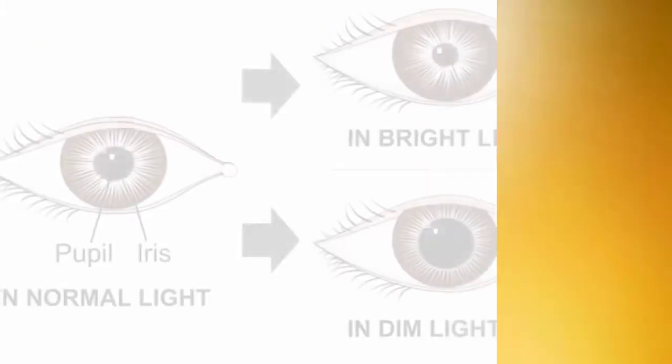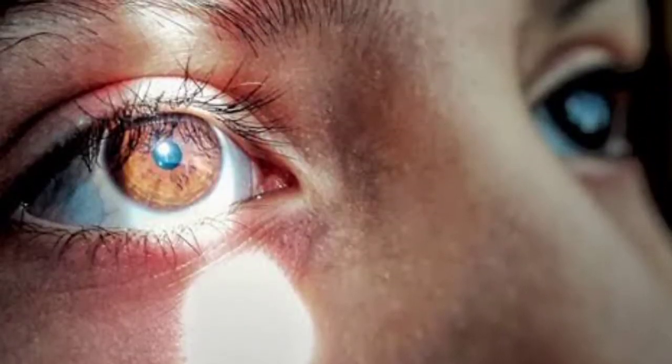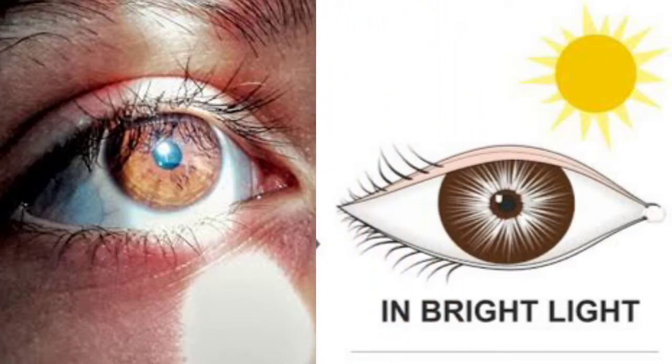If you are in bright sunlight, or suppose a bright light comes to your eyes, in that case the iris decreases the size of the pupil so that a lesser amount of light rays enter your eyes.